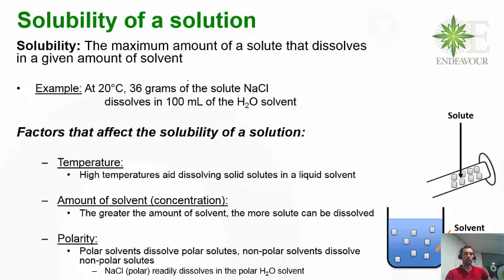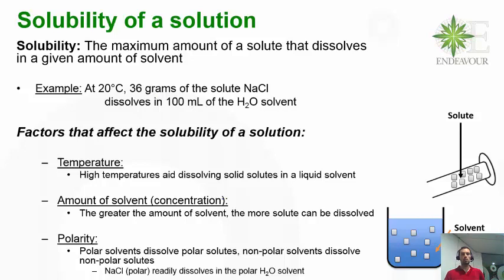For example, at 20 degrees, roughly 36 grams of salt can be dissolved in 100 mils of our water solvent. But if you add any more than that, then the salt will no longer dissolve. So the maximum solubility of 100 mils of water is to dissolve 36 grams of NaCl.